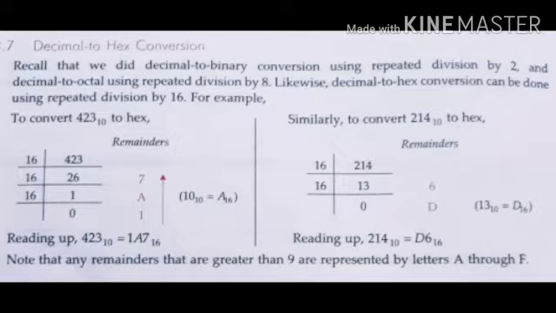Like in the second example, 214, we divided by 16, the remainder is 4, and then again when we divided 13 by 16, it was divided 0 times and the remainder was 13, for which we have written its equivalent hexadecimal value. Using these remainders only, we write the proper hexadecimal equivalent of the given decimal value.